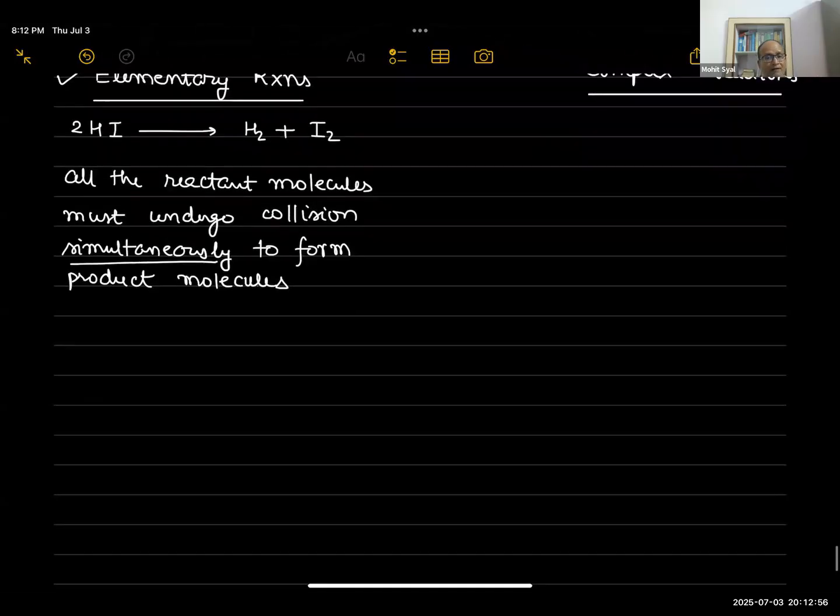For example, if you have an SN2 reaction, how does SN2 happen? You take CH3Br and OH minus. SN2 is a single step.